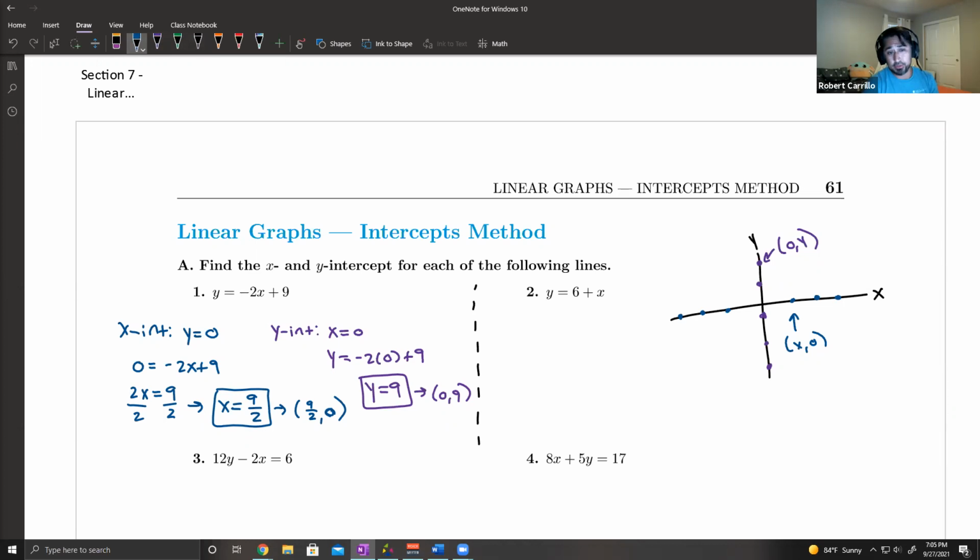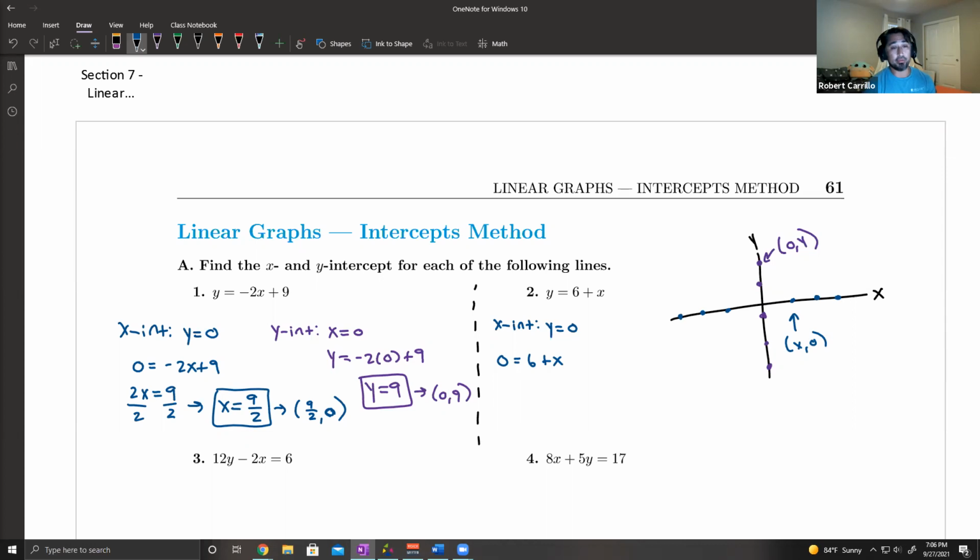Let's do it again. So for number 2, find your X-intercept, Y-intercept. So X-intercept, you let Y equal 0. And then you plug in 0 for Y. So you will get 0 equals 6 plus x.